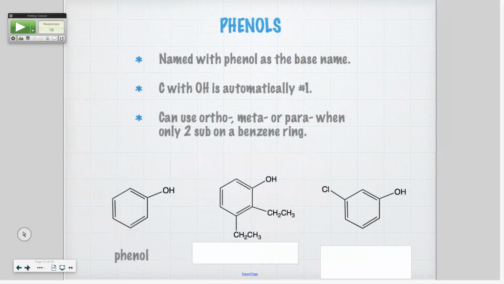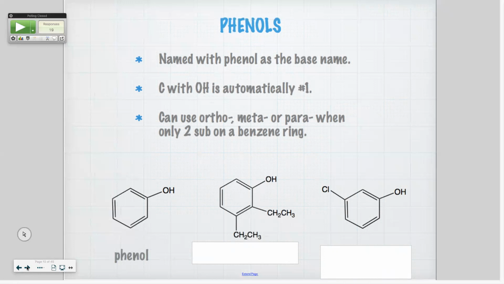Okay, phenols. This compound here is called phenol, and it is named with phenol as the base name. It is a benzene ring with an OH directly attached. So anyone who's going, why isn't it benzenol? I don't know. Somebody named it phenol a long time ago.